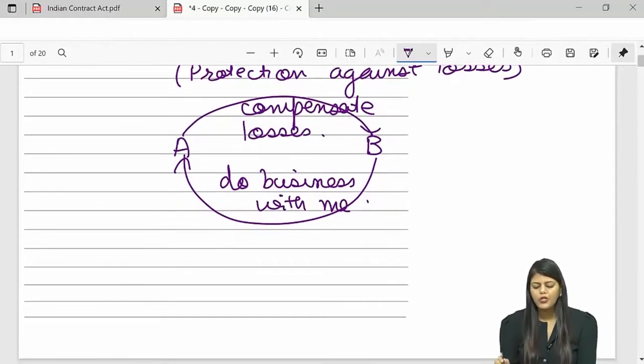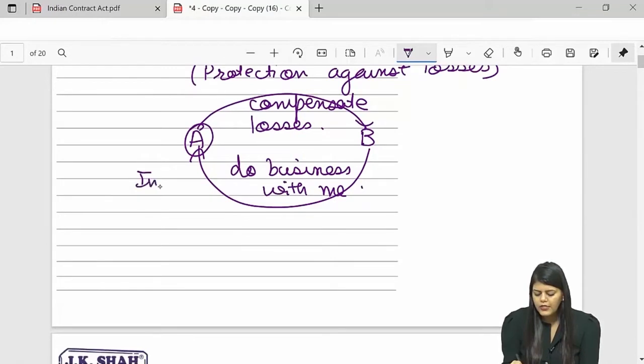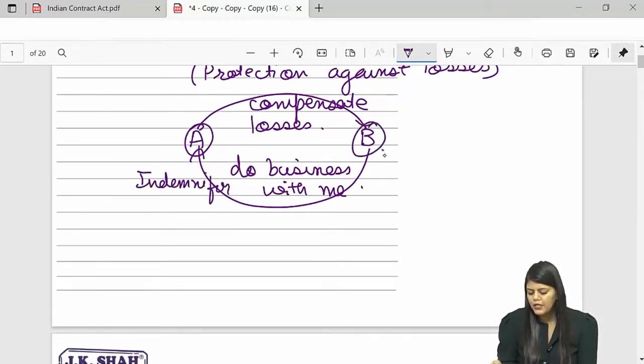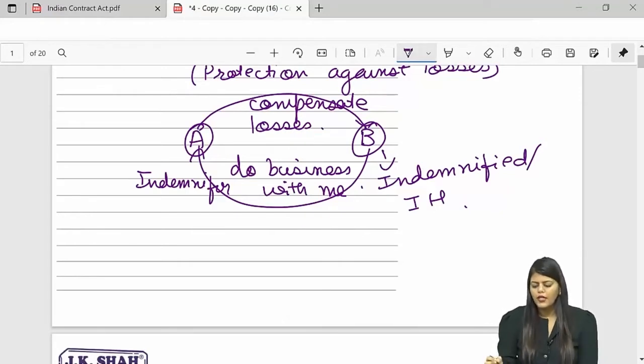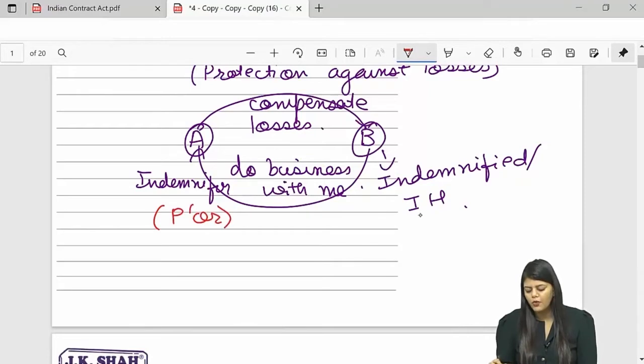So A is protecting B. That means I can say A is the indemnifier and B is the indemnified. Indemnified is also known as indemnity holder. A is promising B that I will make good your losses.